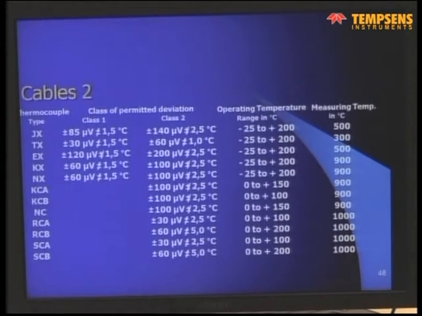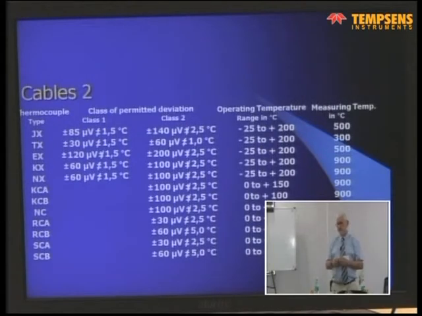They are also available in class 1 and class 2. And you see that class 1 extension cable is only possible for the non-noble metal thermocouples. Noble metal thermocouples, because of the price of the noble metal, do not allow making cables from it.